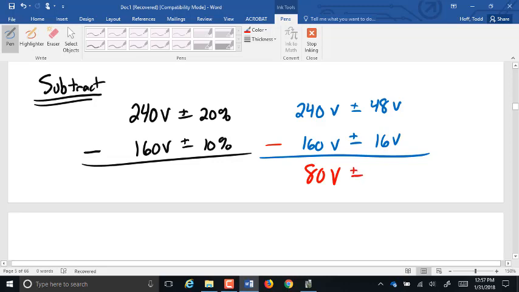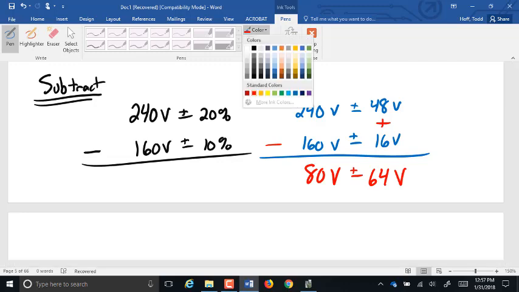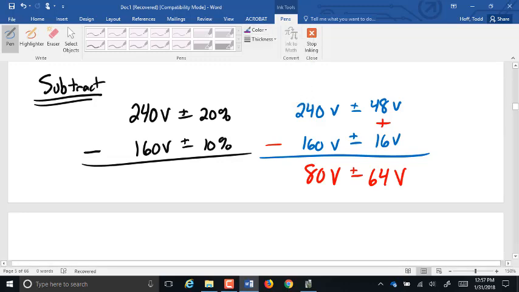Does this become plus or minus 32? Say no. Why not? You always add the errors. Whether you're adding or subtracting, you always add the errors. So 48 plus 16 is 64 volts. So that's actually 80 volts plus or minus 64 volts.